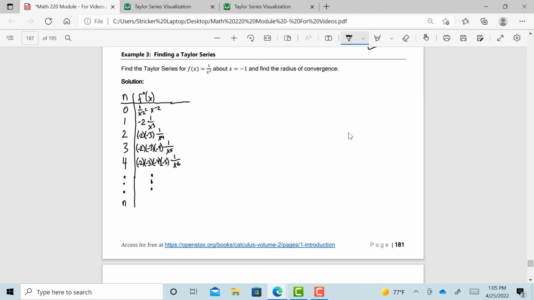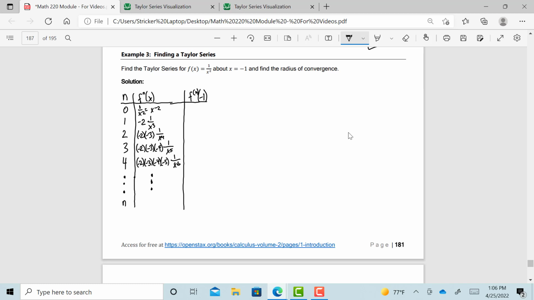Now, let's go ahead and evaluate that at the center value. In this case, the center is -1, so we want to find f and its derivatives at -1, which really is just going to be plugged into the denominator, right? So in the first one, we have 1 over x squared.